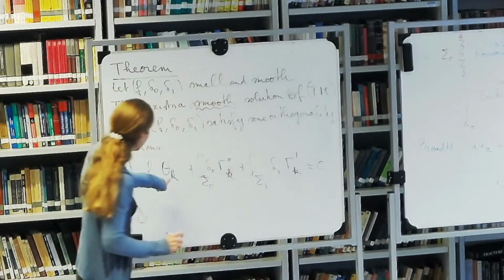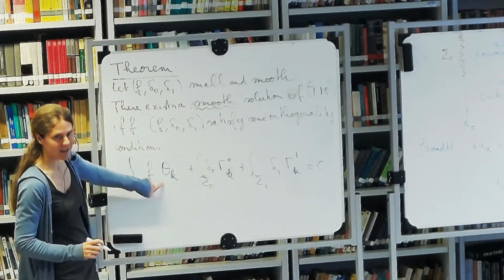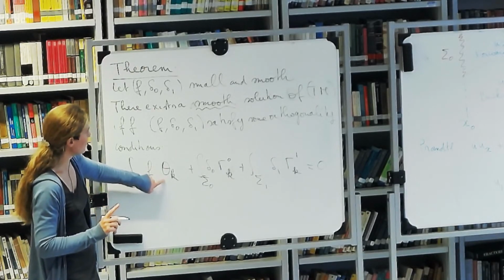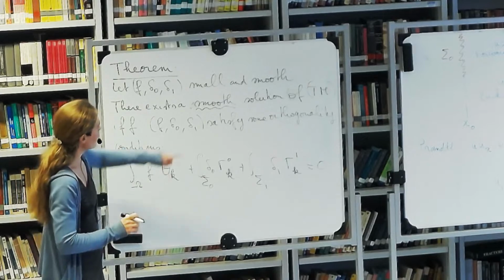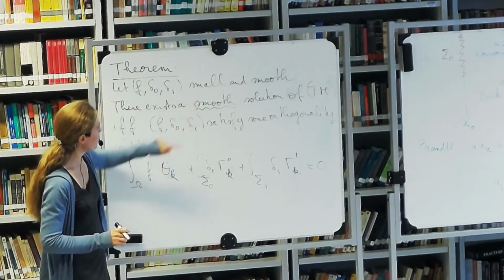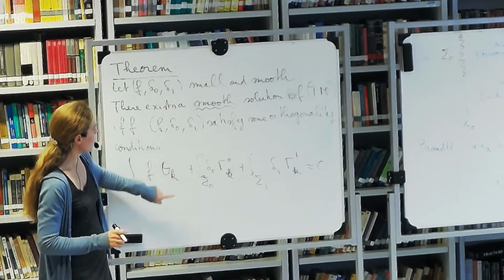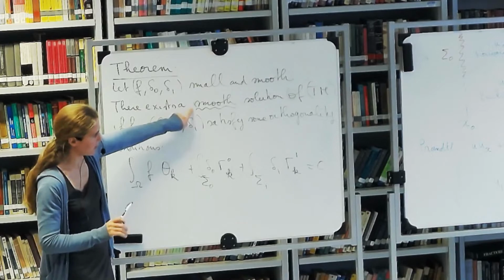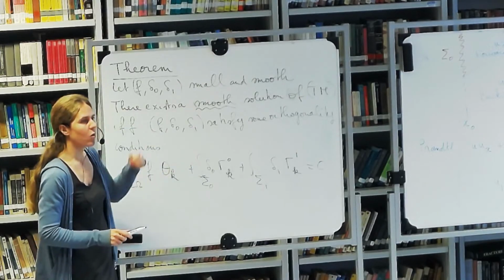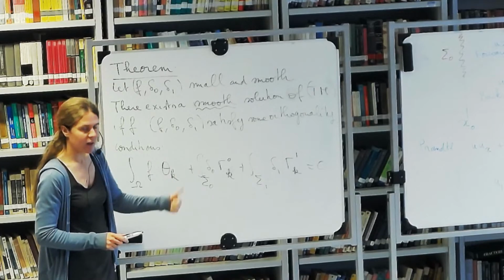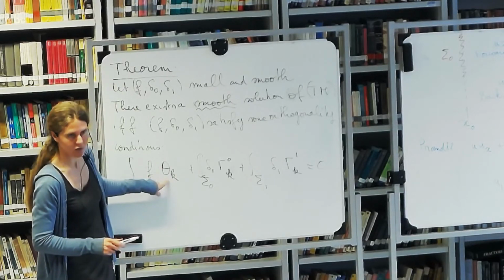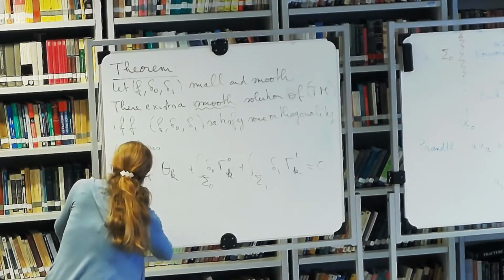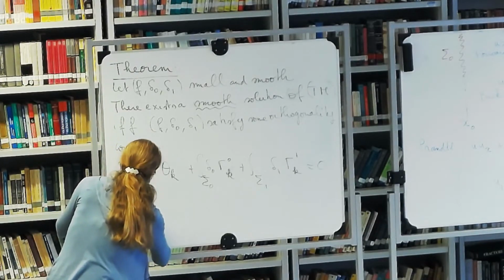And here you notice that there is an index k, and here I have to explain a little bit. So when I say smooth, the number of orthogonality conditions will depend on the type of smoothness that you want to have for your solution. Let me explain. If you want to control one derivative in x, then you will need two boundary conditions. And typically, this is what we have. So you have two orthogonality conditions.